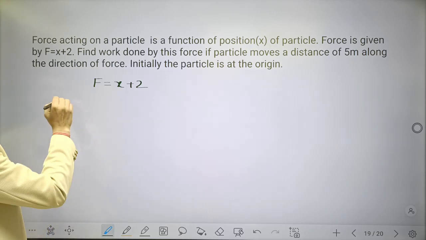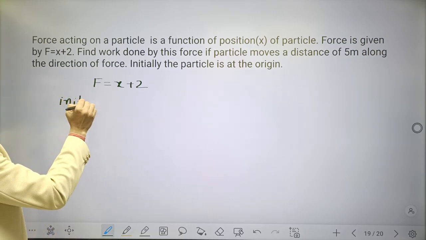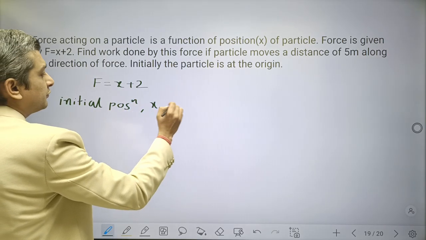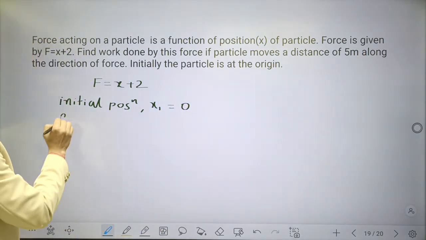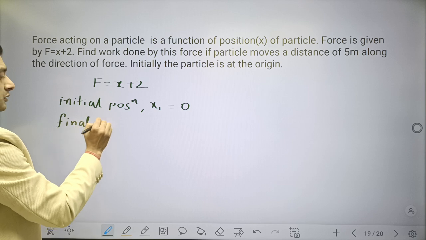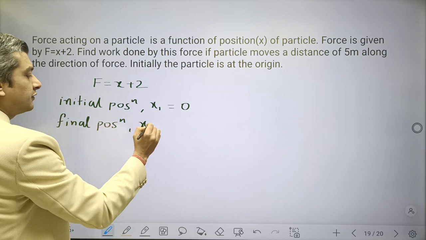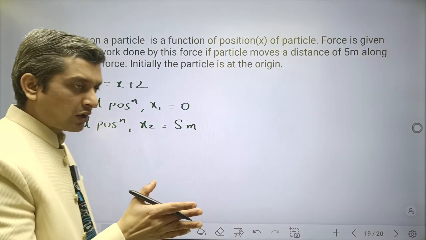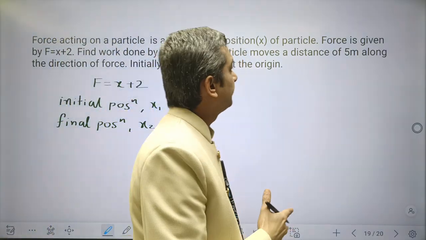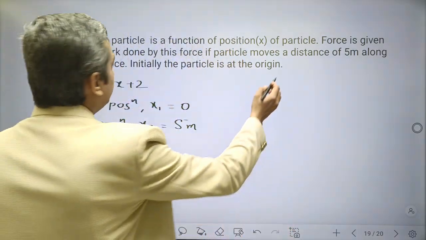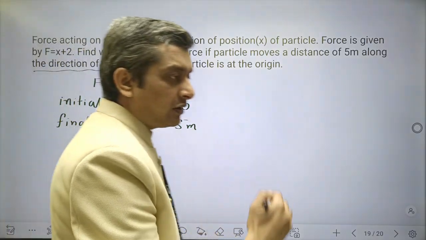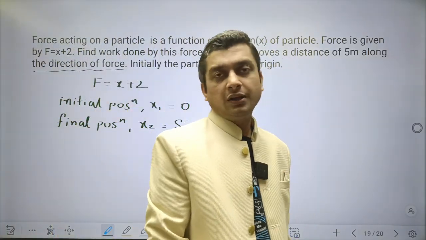So the initial position of the particle, let us suppose x1, is 0. The final position, that is x2, is 5 meter, and since the particle is moving along the direction of the applied force, that is, the particle moves a distance of 5 meter along the direction of force, the angle between the force and displacement is 0.